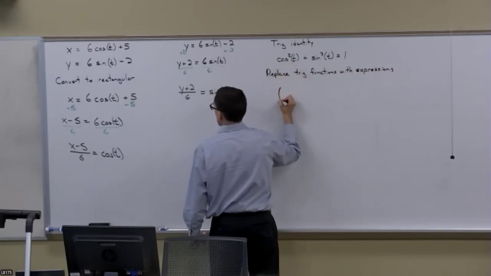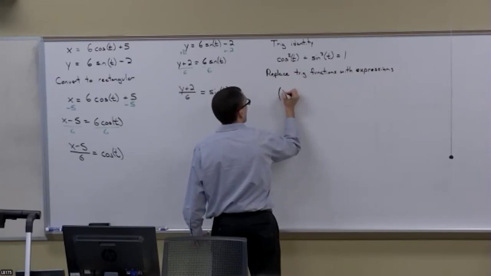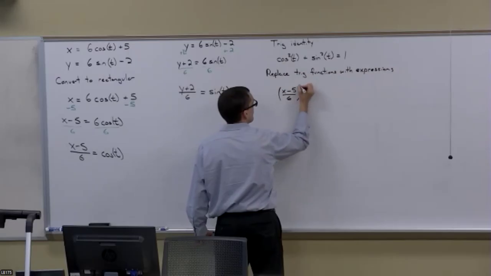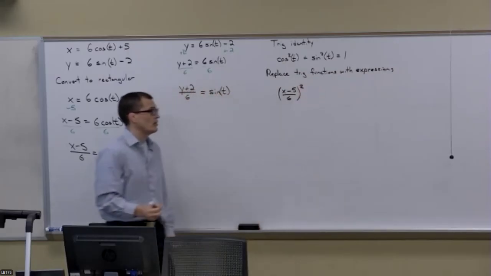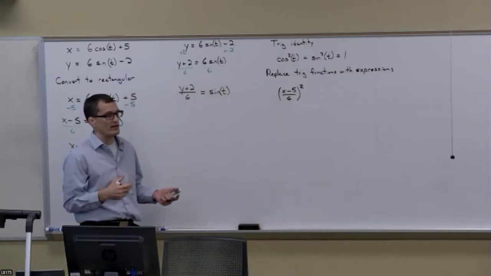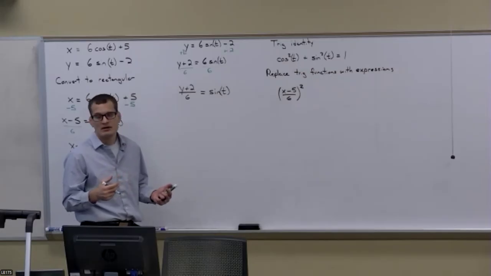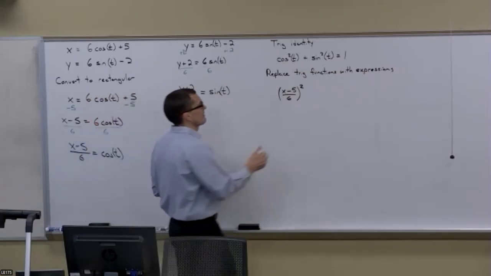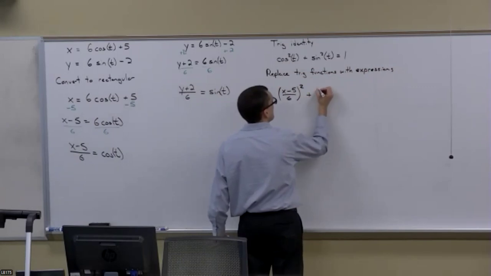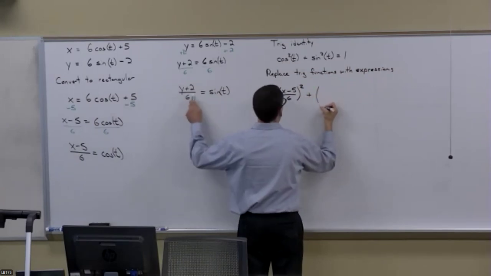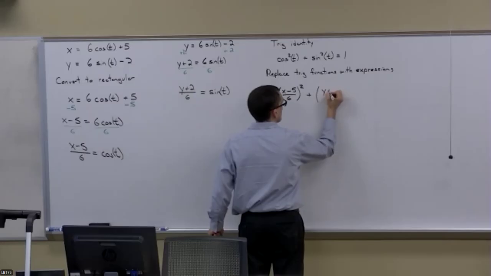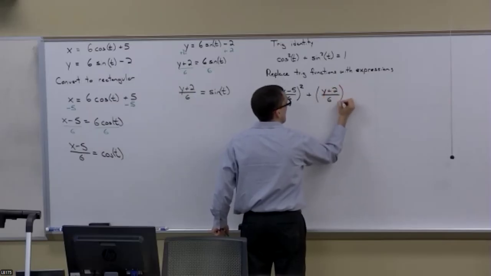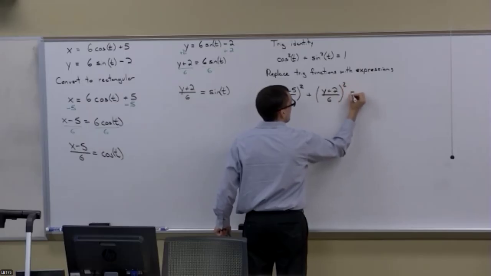So when I replace with x minus 5 divided by 6, that's going to be x minus 5 over 6 all being squared. And then the sine gets replaced with y plus 2 over 6, and that's all being squared.